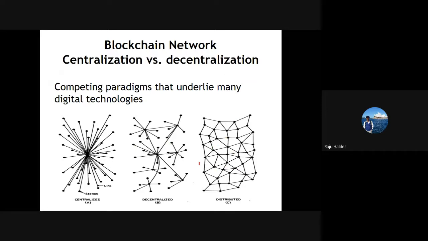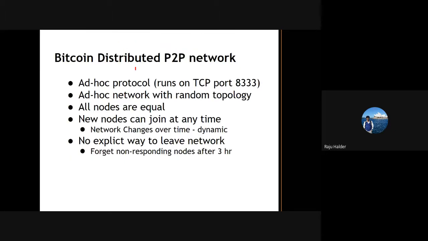So what we are trying to do is move towards distributed, and if it is distributed, of course it will be decentralized. Therefore today we are moving towards peer-to-peer networks, and Bitcoin is based on this.